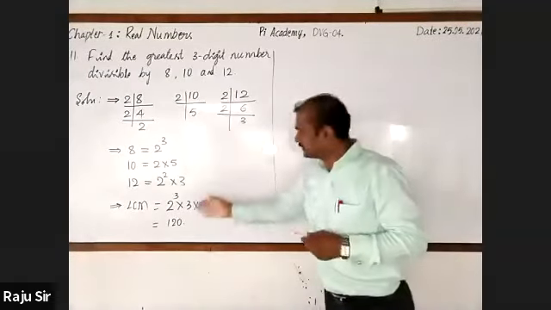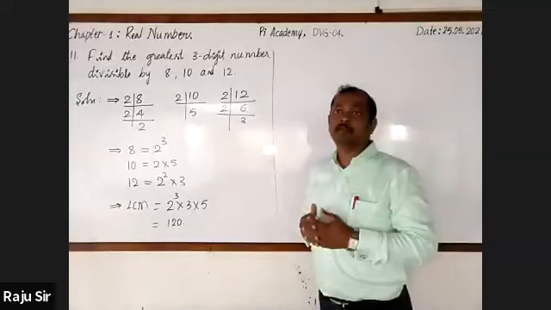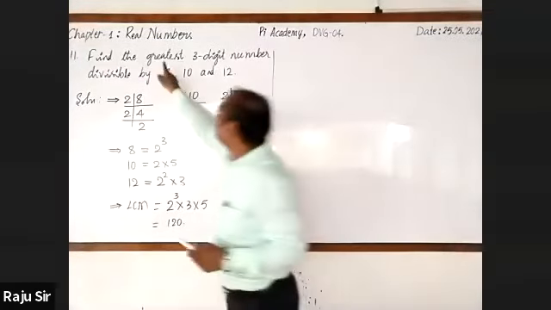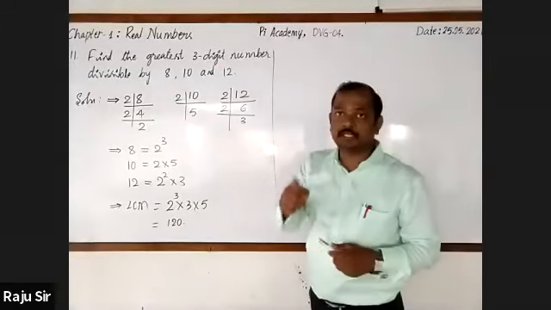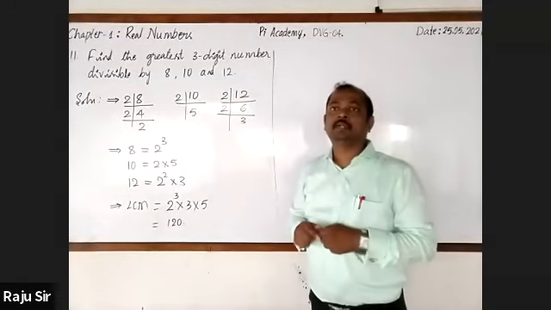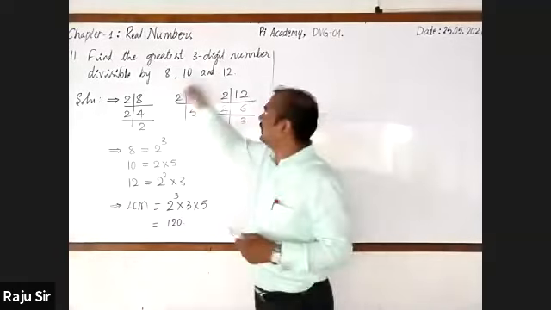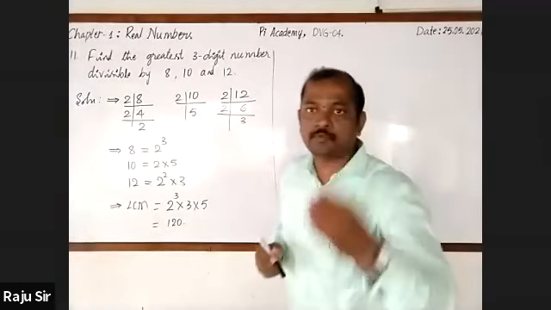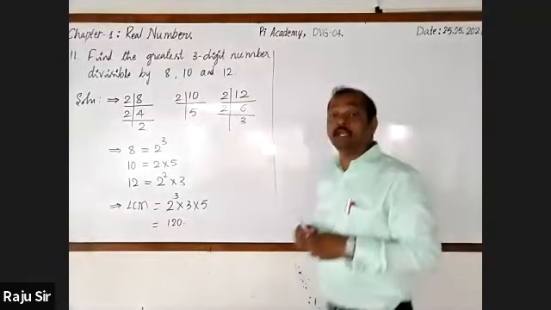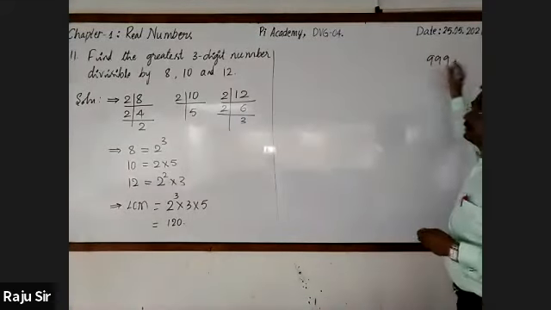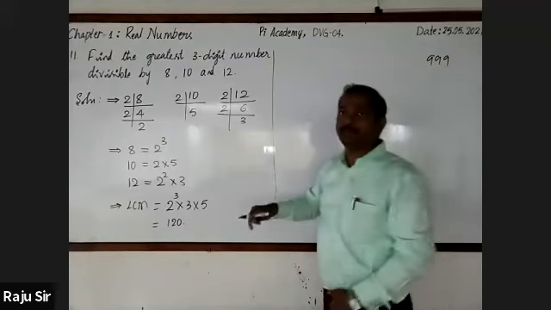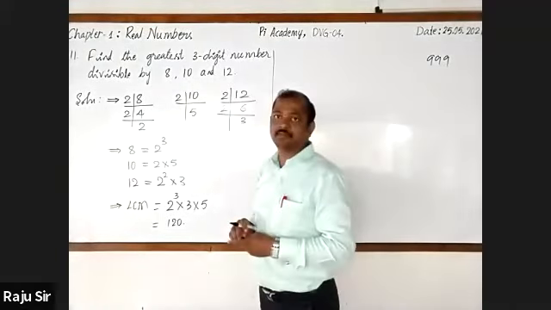Even this is a 3-digit number, but actually we want the greatest three-digit number. That number should be divided completely by 8, 10, and 12. Of course, the greatest three-digit number is 999. But is it divisible by all the three numbers?